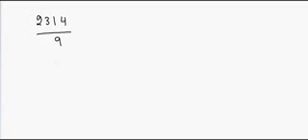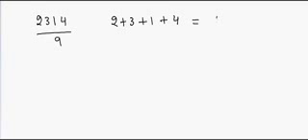In that case, we'll add all these four digits together. So 2 plus 3 plus 1 plus 4, that will give me 5 plus 1, 6 plus 4, 10. If you divide 10 by 9, you will get 1 as a remainder. So your remainder would be 1 in that case.